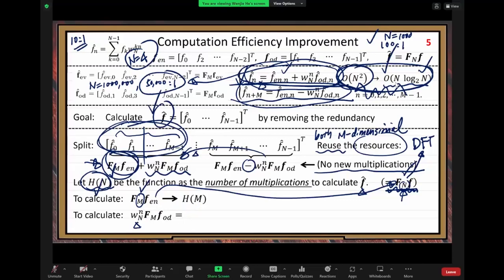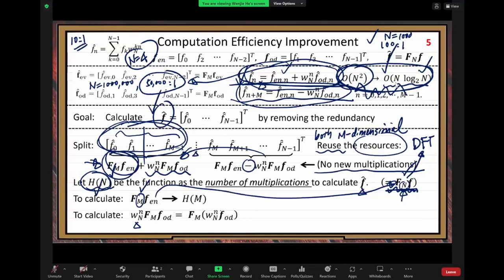But then there is an important step, because you want to save multiplications. We want to change the form of it. Here, I use this form.